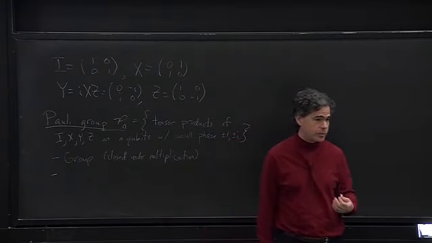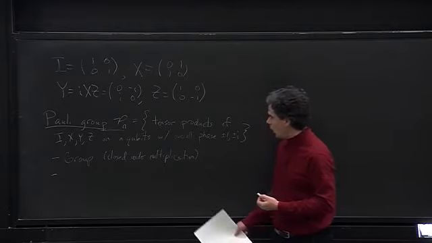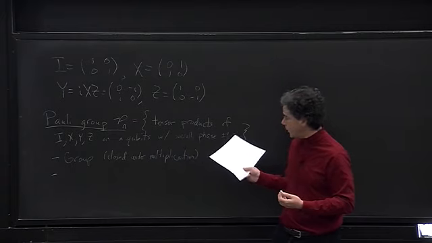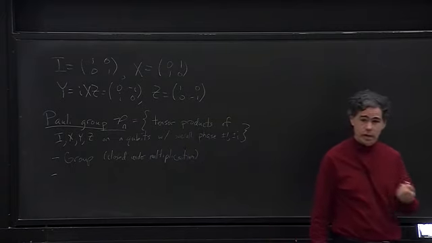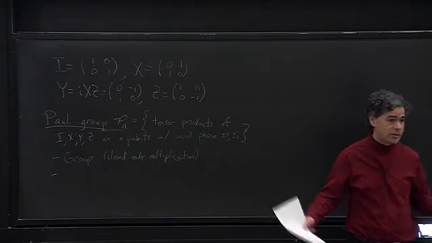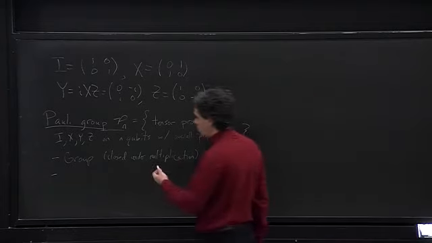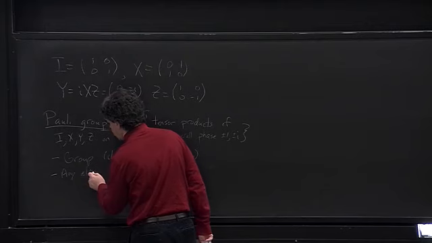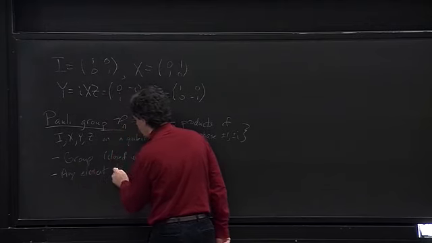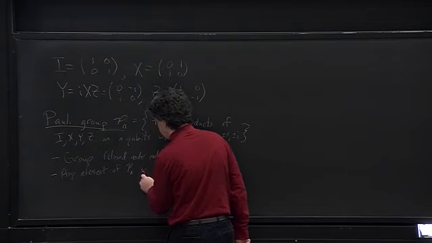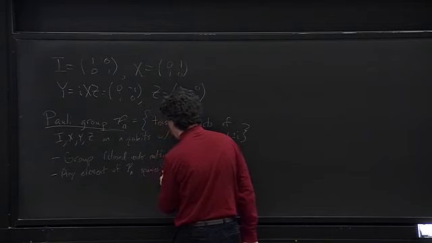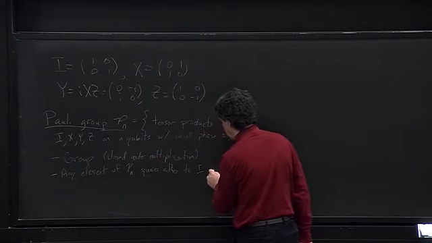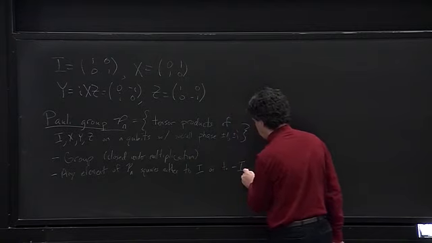But in this case, that's a pretty simple thing because I, X, Y, and Z are all self-inverse. Of course, in the Pauli group, we also have a phase of i, which is not self-inverse. i times minus i is equal to 1. But in particular, we find that any element of the Pauli group squares either to the identity or to minus the identity.